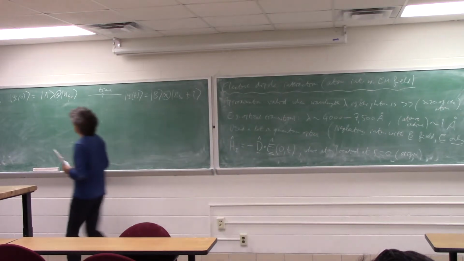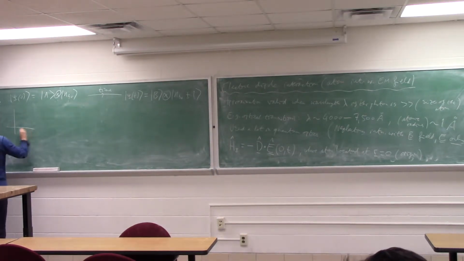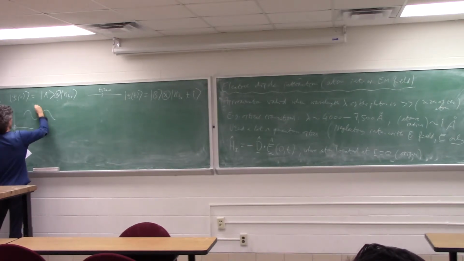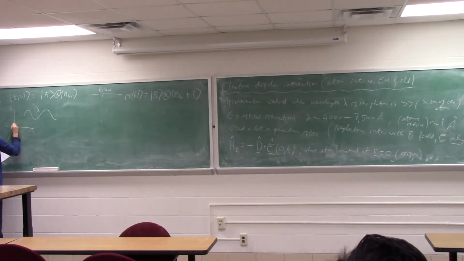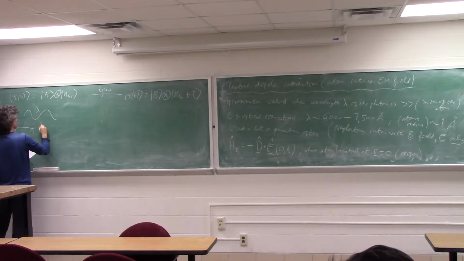So what's happening here is the atom is located at the origin. The wavelength of light of the photon being emitted or absorbed is lambda, and the atom has spatial dimensions R. Lambda is much bigger than R.